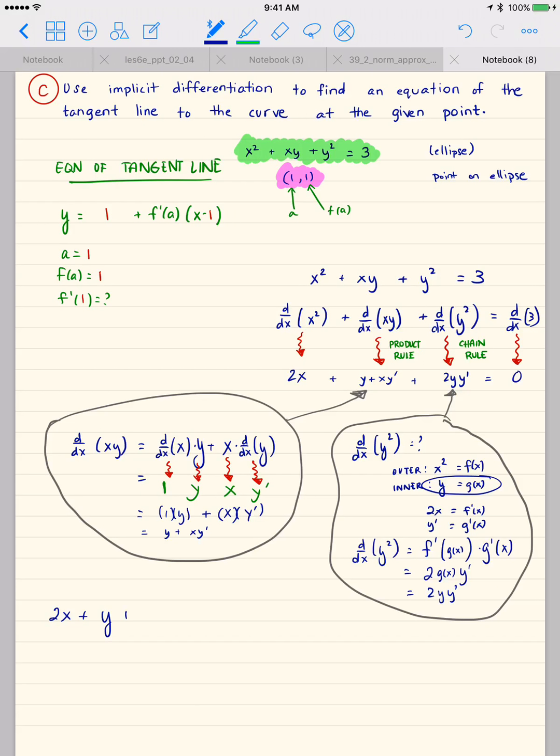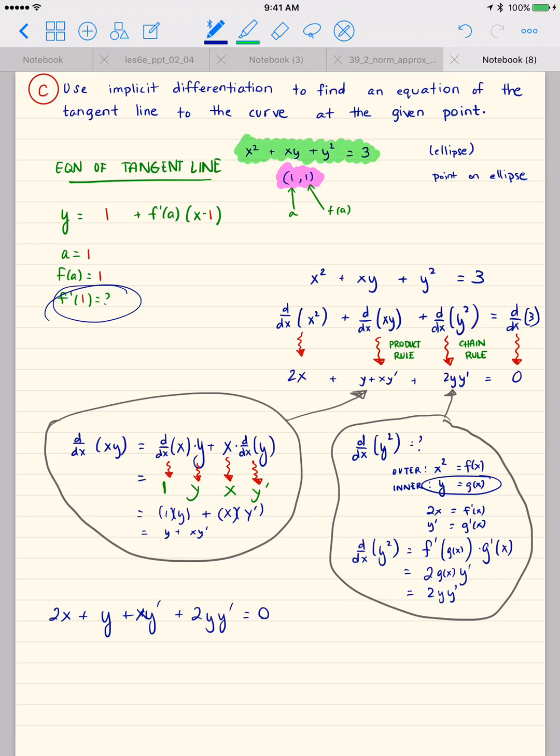This isn't the equation of the tangent line. This is the equation of the curve, right? So we have the equation of the curve, and we took the derivative with respect to x, and this is the result. And our goal is to find f prime of 1.